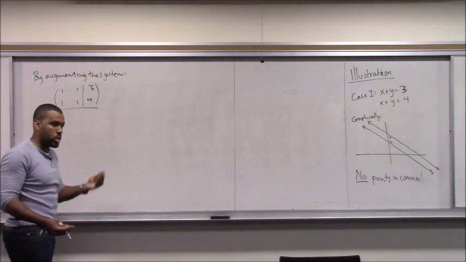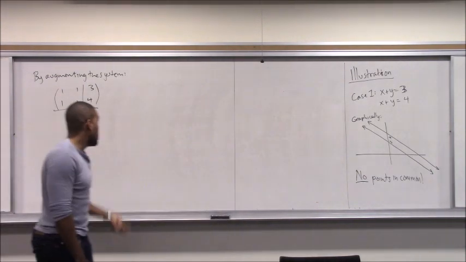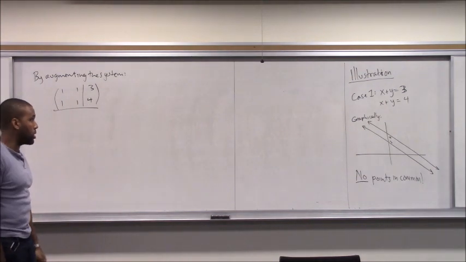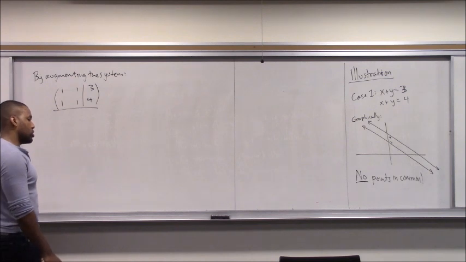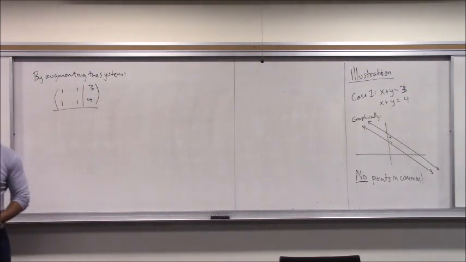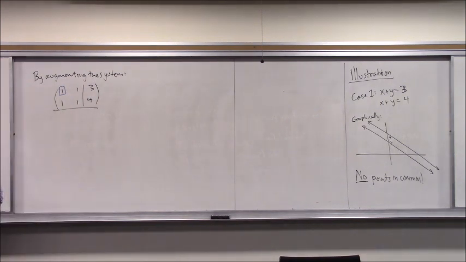Conceptually, I don't need a picture. I don't need to understand what's going on. I don't need to be able to visualize it. The numbers are going to tell me exactly what's going on. Now you might want to start putting this in reduced echelon form. So, of course, you have your pivot in the top left. You want to get zeros below that. That would be your first step.